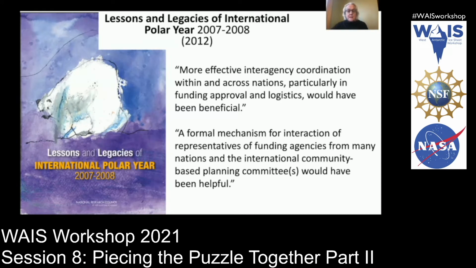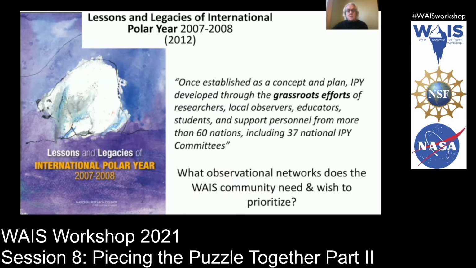And a formal mechanism for interaction of representatives of funding agencies from many nations and the international community-based planning committees would have been helpful. For the community, the report really emphasized that IPY was a grassroots effort. The research community was coordinated and rallied and established collaboration that made the IPY successful.